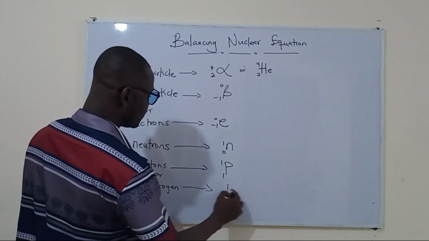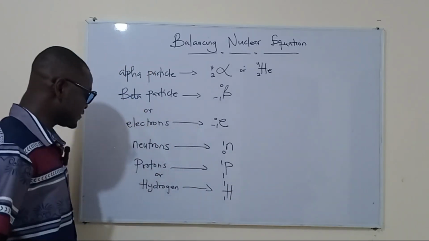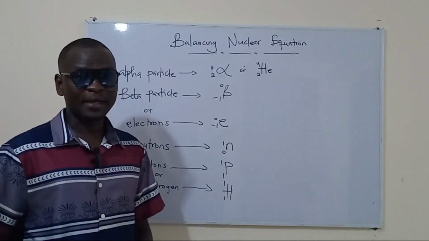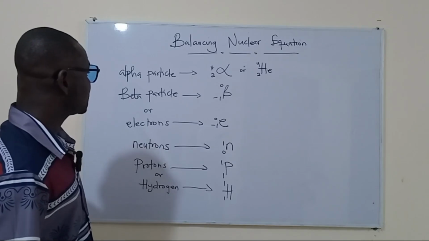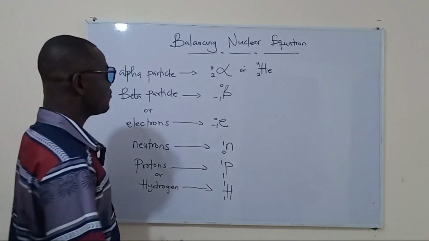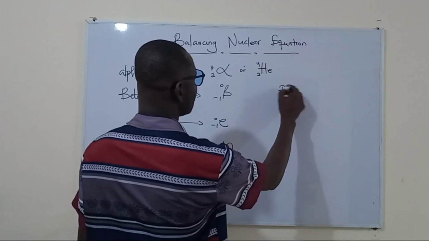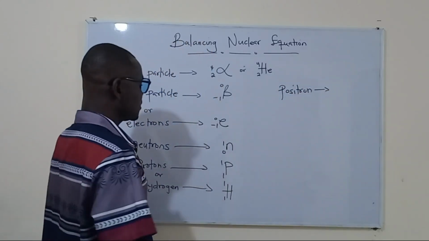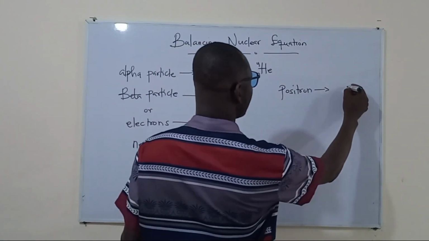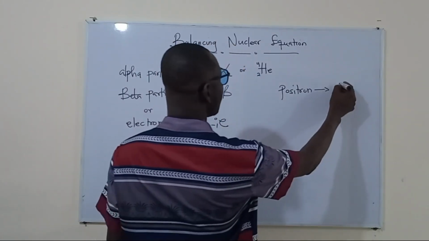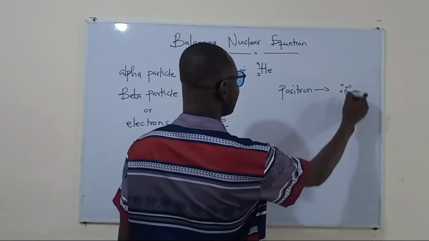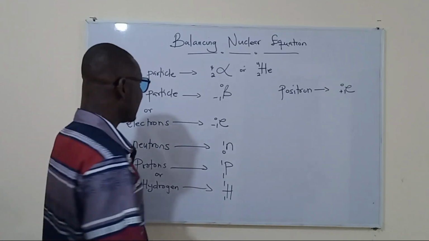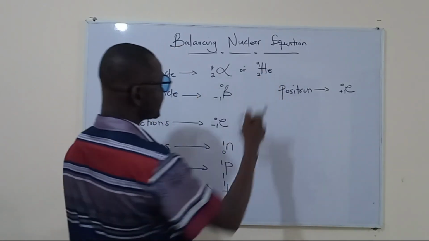Then the hydrogen has a similar mass number and atomic number. Then we have the positron, which has a mass of 0 and a charge of +1. Then we have helium, which I've just stated here.